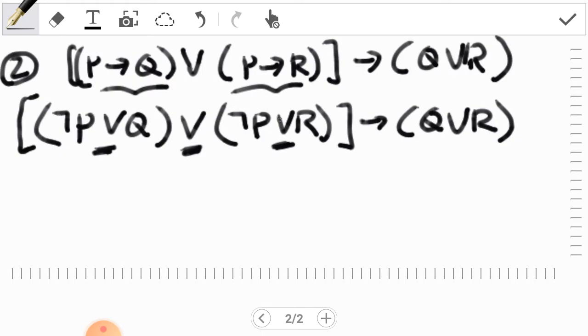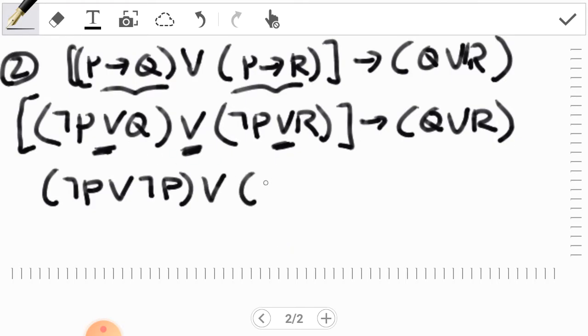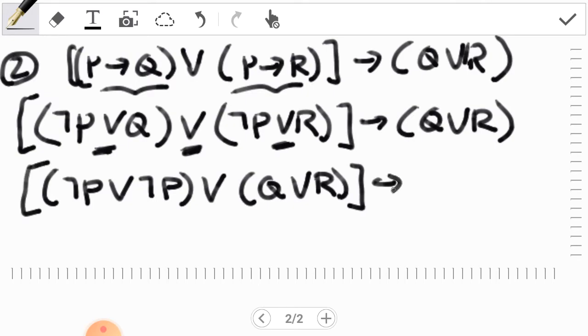Since we find not P and not P here, then we can group not P or not P together. Or, what's left? We have Q or R. Okay? Which implies Q or R.